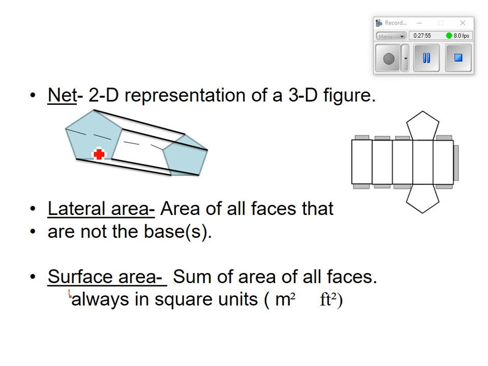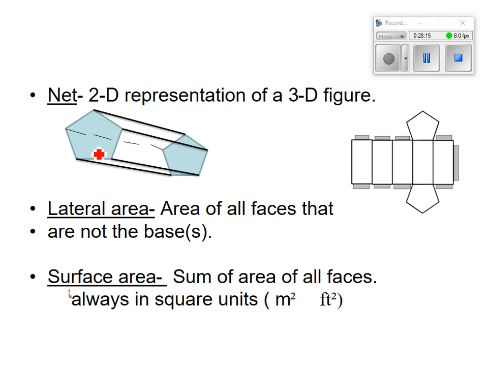The only thing a net is, and we're going to use nets to do surface areas. A net is you take a three-dimensional shape, so I have this three-dimensional shape here, and I separate it and lay it out like this.